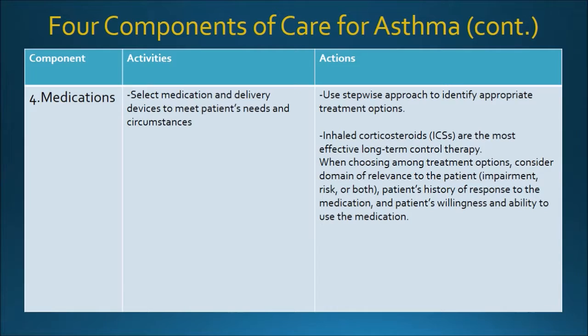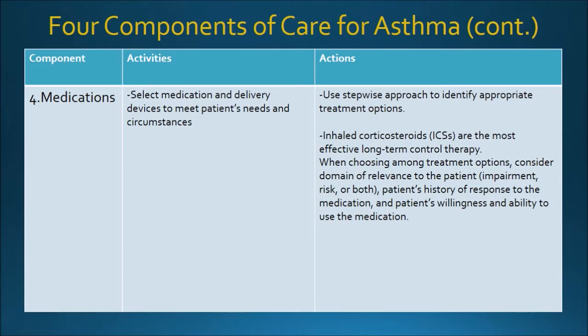Our fourth component is medications. We're going to select the medication and delivery devices to meet the patient's needs and circumstances. To do that, we're going to use the stepwise approach, which I'll go over later, to identify appropriate treatment options. Inhaled corticosteroids are the most effective long-term control therapy.